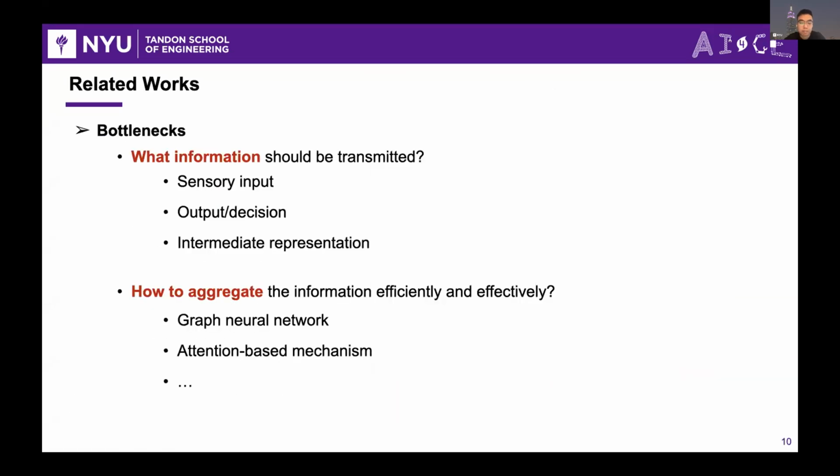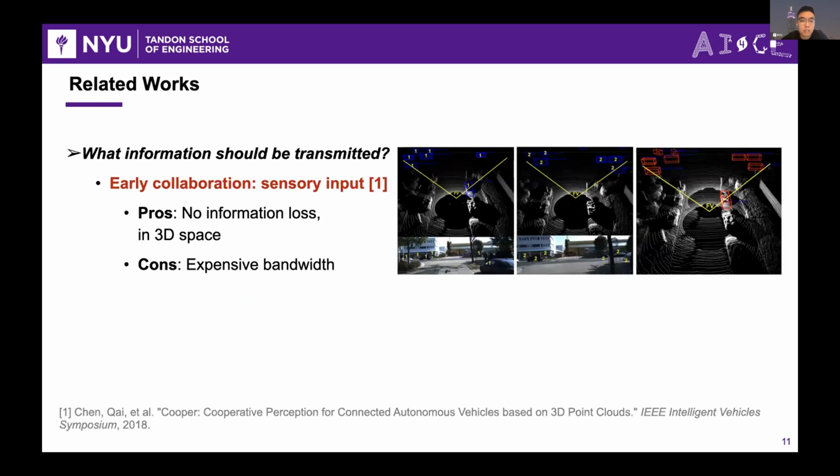However, to design a robust collaborative perception algorithm, there are several bottlenecks. For example, what information should be transmitted, and also how to aggregate the information efficiently and effectively. In other words, how to improve the performance-bandwidth trade-off. Regarding the first question, what information should be transmitted, some methods use early collaboration.